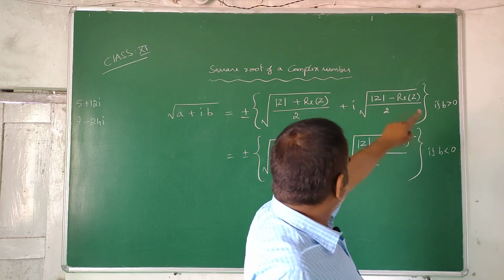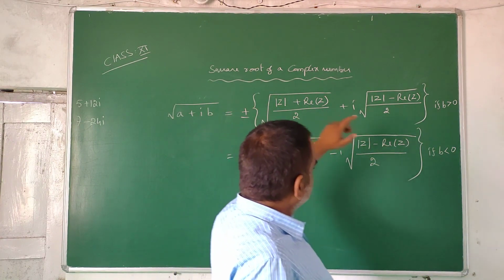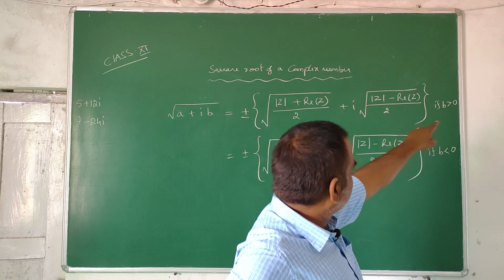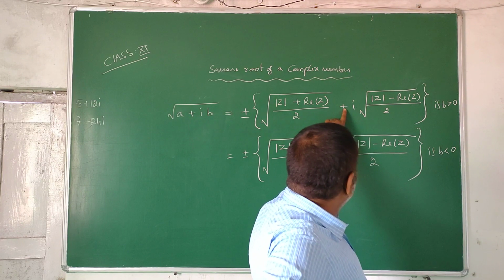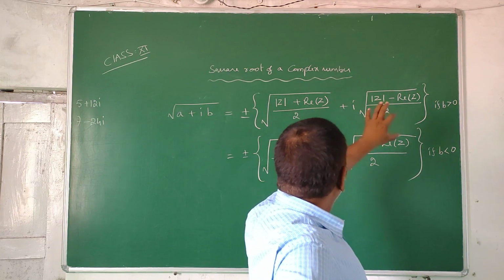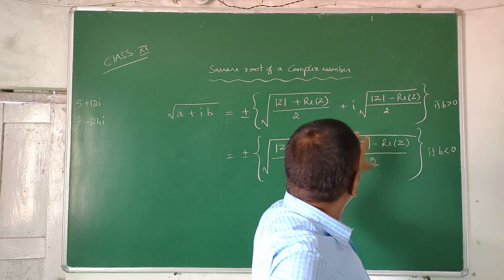If b, the imaginary part of z, is greater than 0, here you have to take plus. If b is less than 0, here you have to take minus. But in either case these terms are the same.